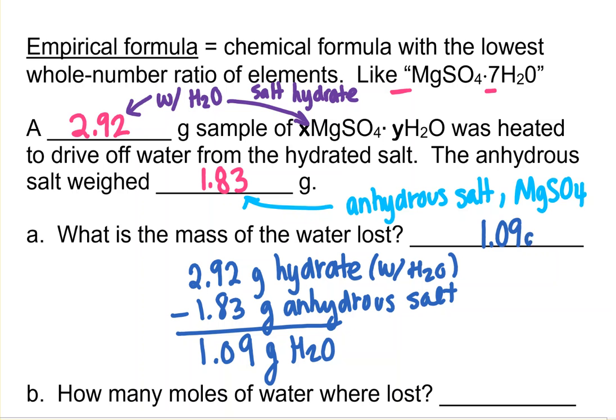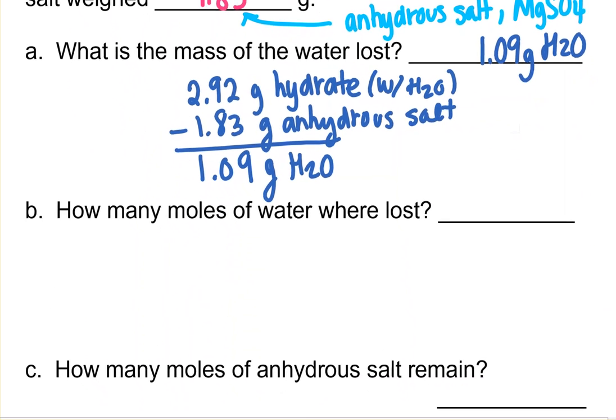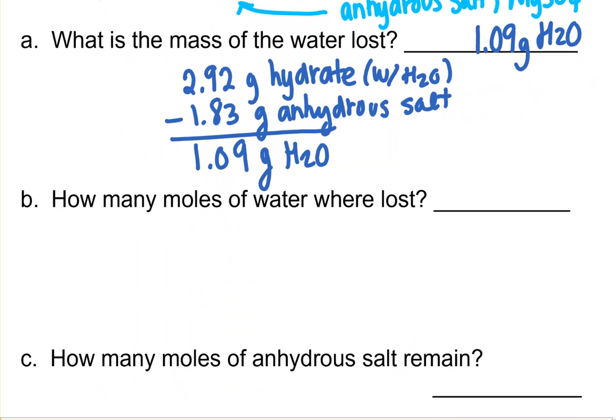Okay, so that's how much water was lost upon heating. In other words, that's how much water was in that crystal. How many moles of water were lost? So grams to moles, we can do that.